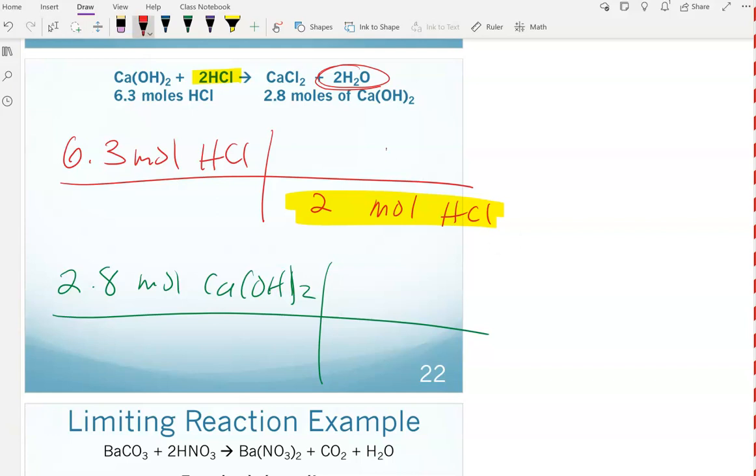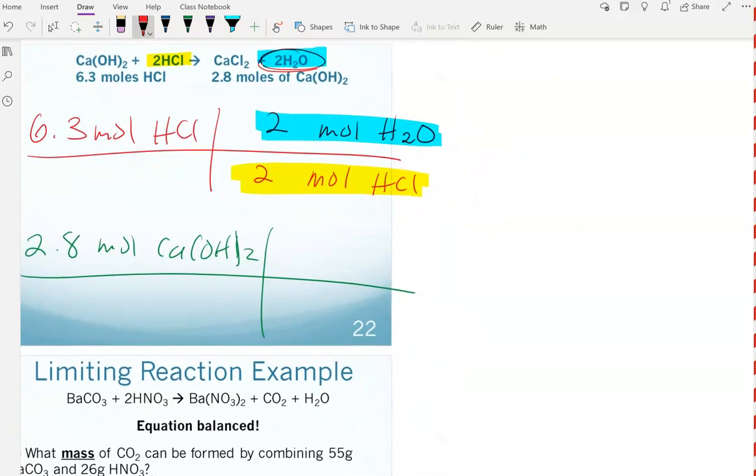Above that, I'm going to put the moles of water because that's the product I'm trying to convert into. So 6.3 times 2 divided by 2 would still just give me 6.3 moles of water. So that much HCl would produce this much water, which is the product we're focusing on.